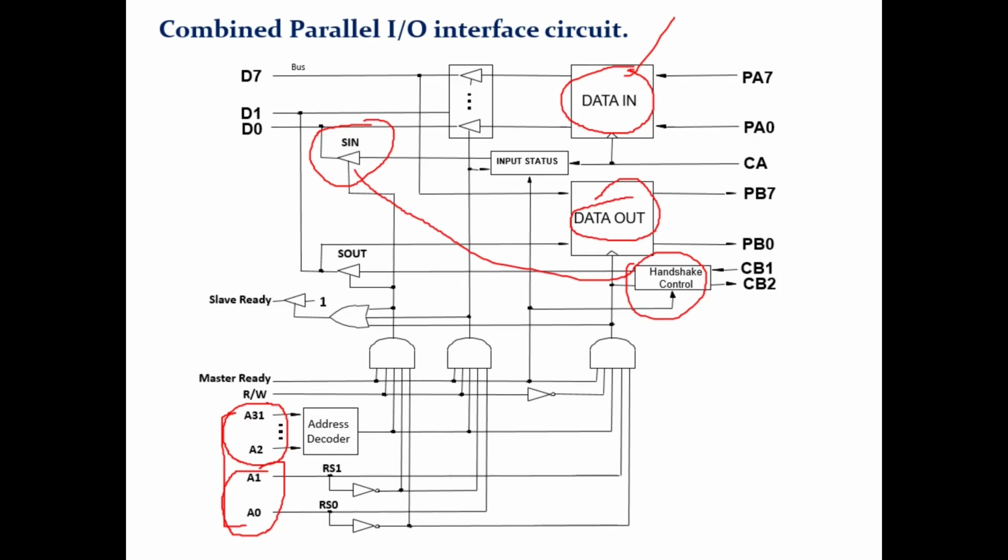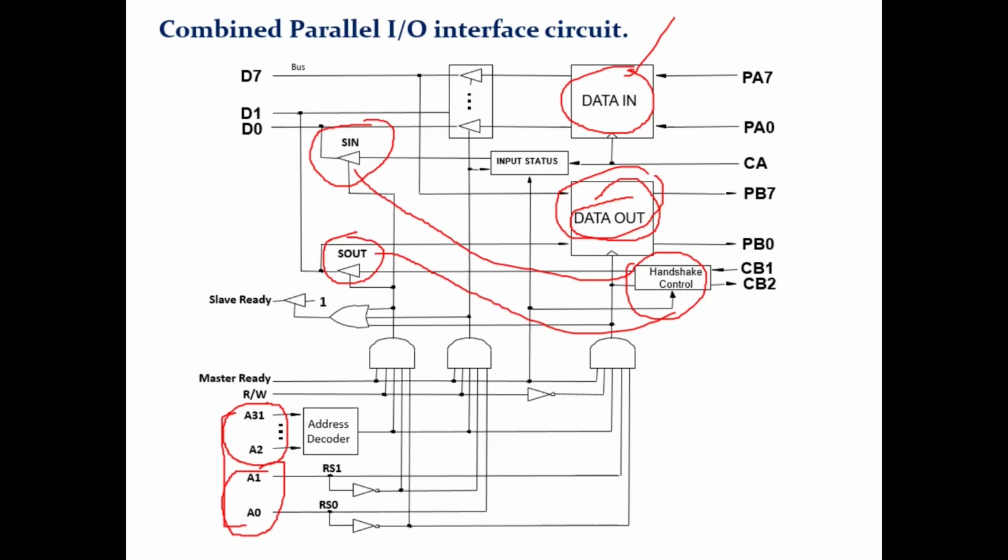And the fourth operation is, before sending data to the data out register, the processor reads S out. From the same flag it reads the S out bit to see whether the data out register is actually empty, so that it can send the data.